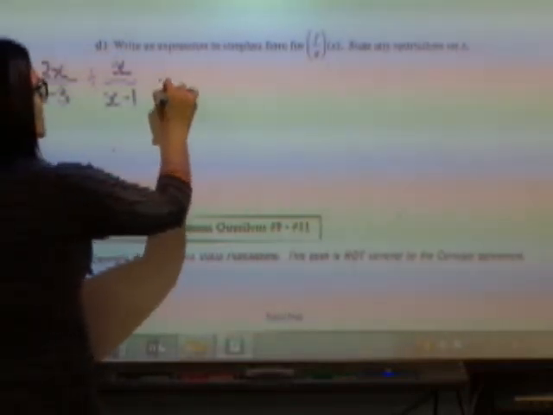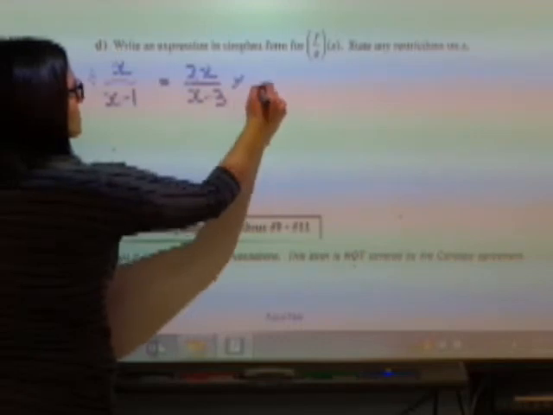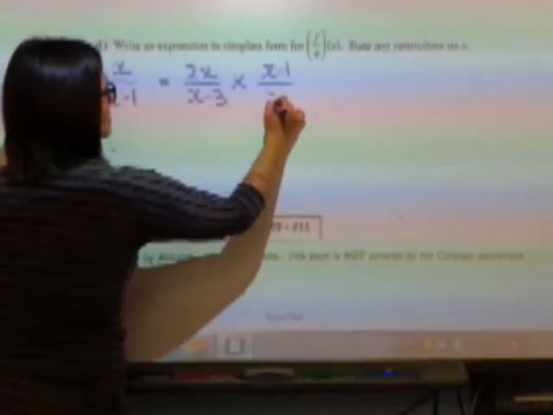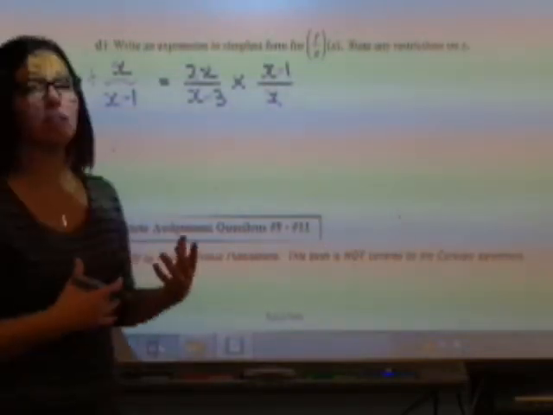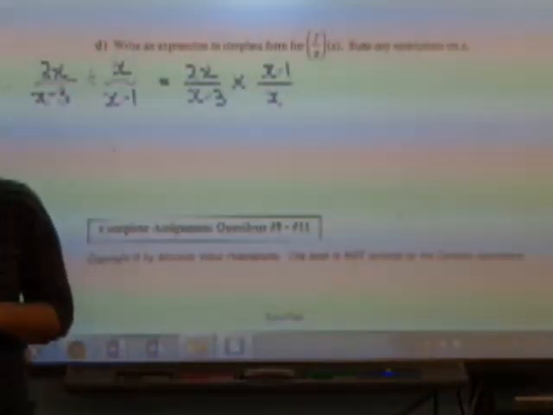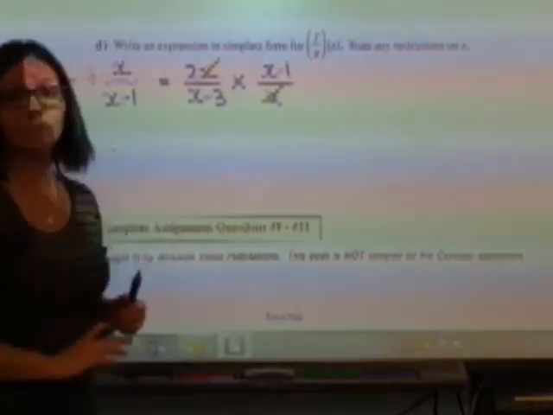Invert and multiply. And we invert the second expression. Is there any common factor that I can cancel from top to bottom? I can cancel out the factor of x.